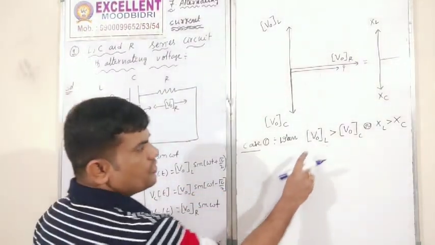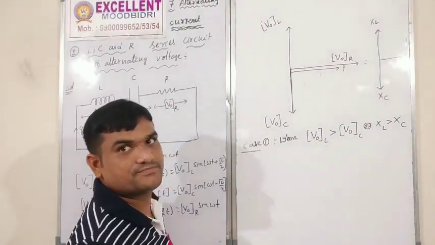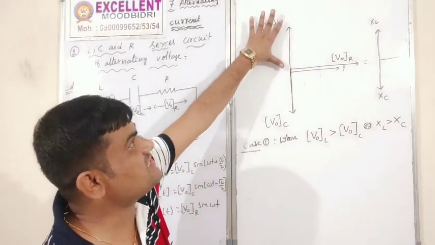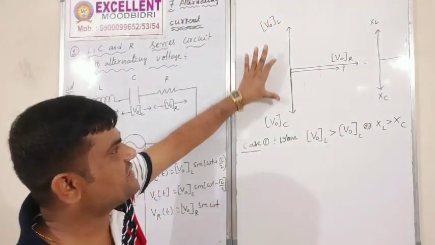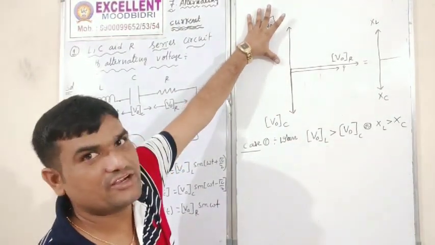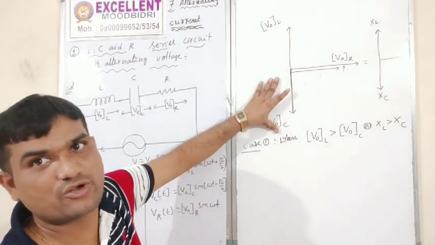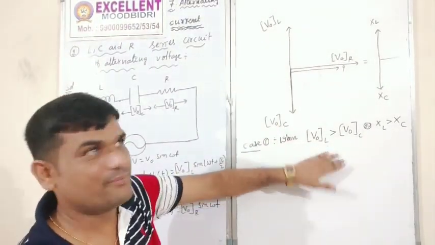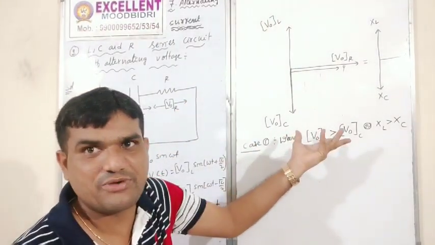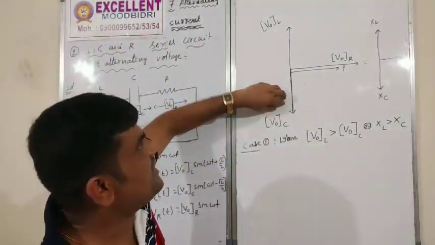So V naught L is greater than V naught C. That means this value is greater than this value. If this is 10 volt, then this will be 5 volt or 3 volt, something less. This value is larger compared to this one, so we subtract it from this value.